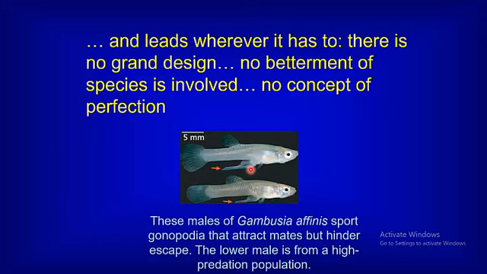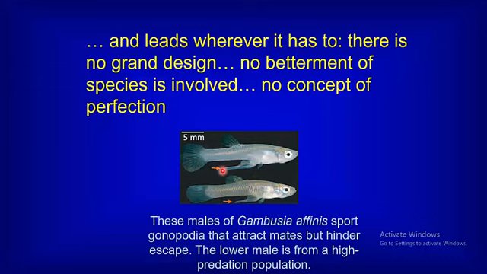So the larger the gonopodium, the more attractive the male is to the female. However, these also have a problem, because, as you can see, they just stick out like this, and therefore they end up reducing the ability of the male to escape predators.